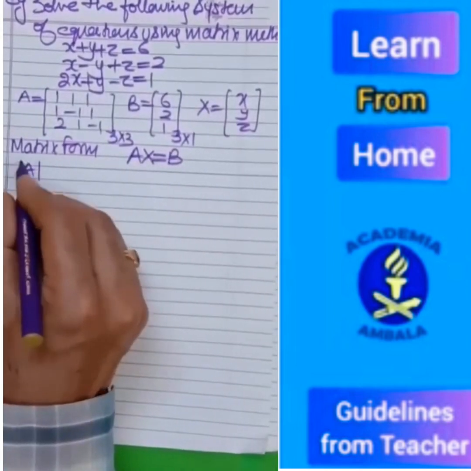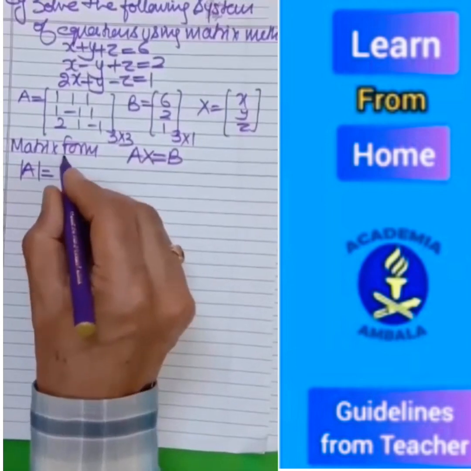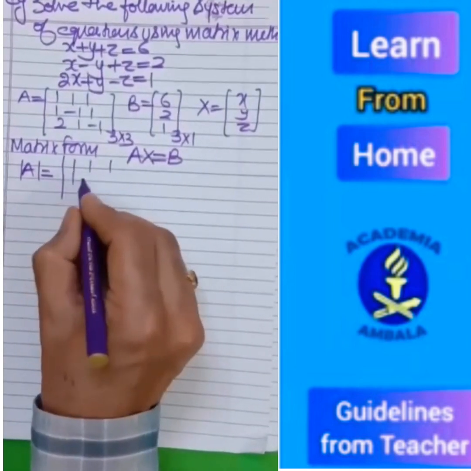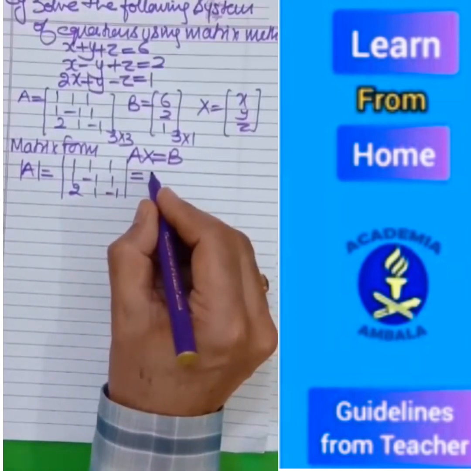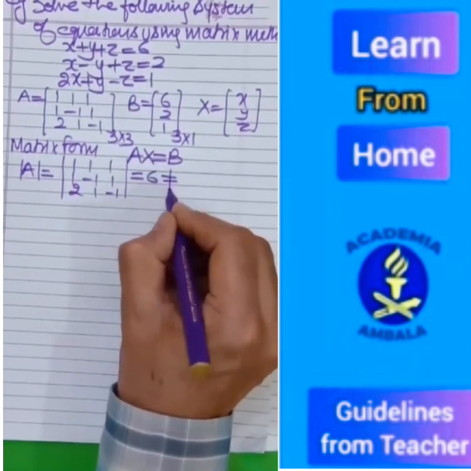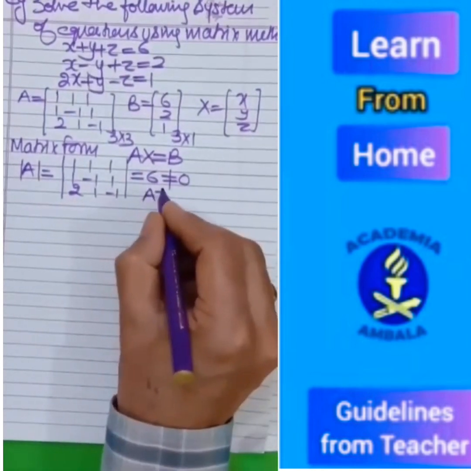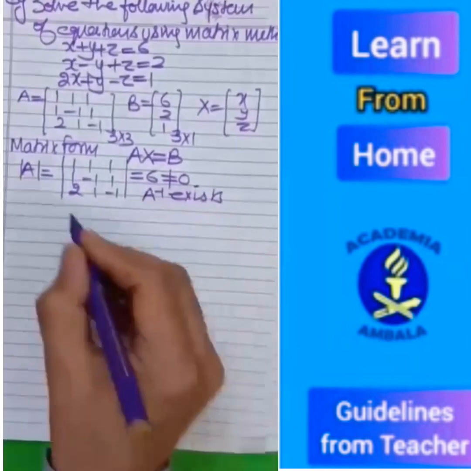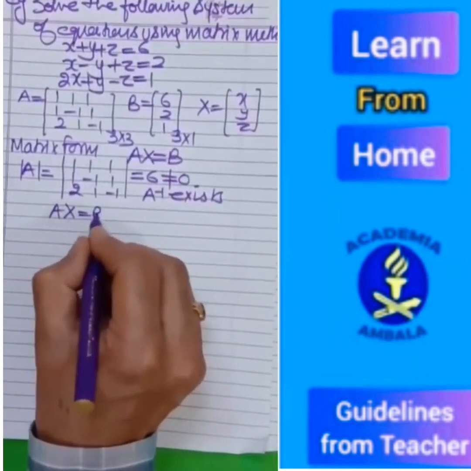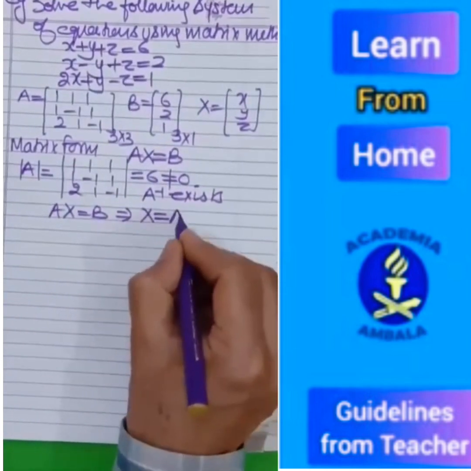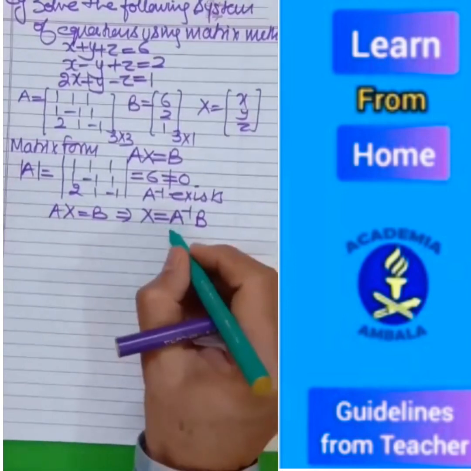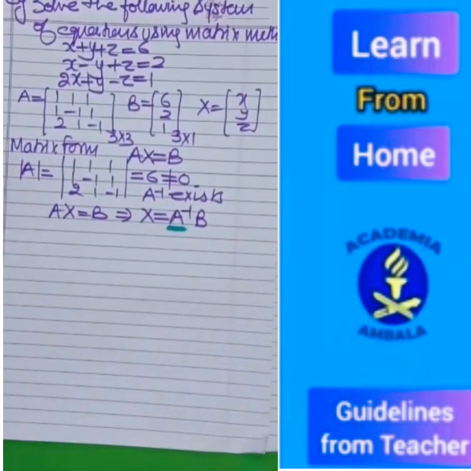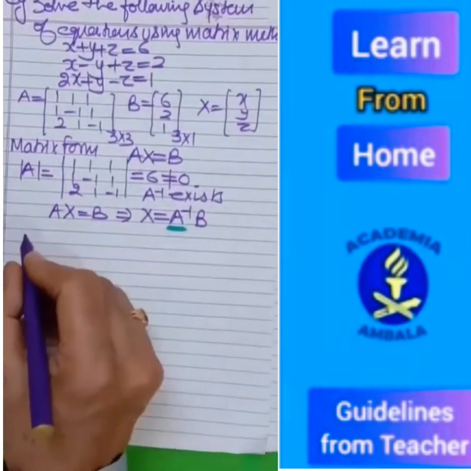First of all, to check the inverse, we will find the determinant of this. The value of the determinant appears to be 6, which is not equal to 0. It shows that A inverse exists. It means you can write your system of equations in this form: X is equal to A inverse B. Basically we have to find A inverse for this system. How to find A inverse? As you know, in the previous lecture, we have to find all the cofactors, adjoint and cofactor.